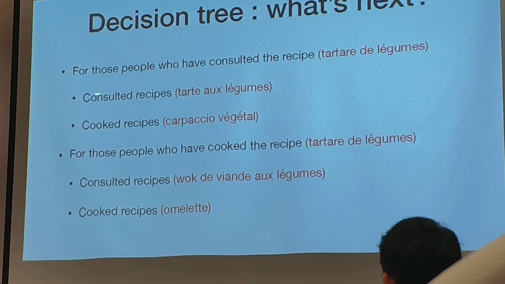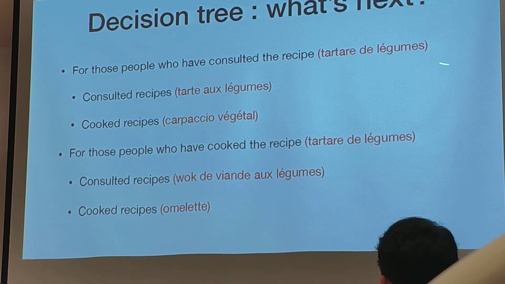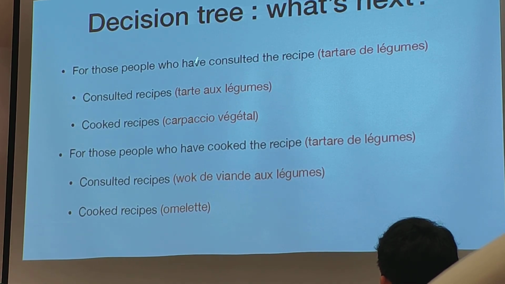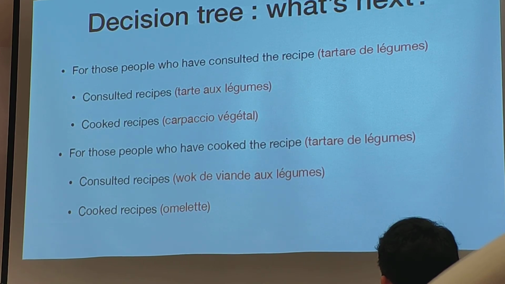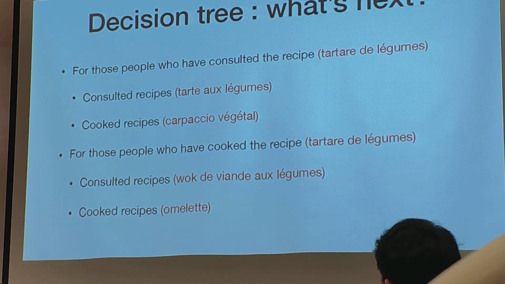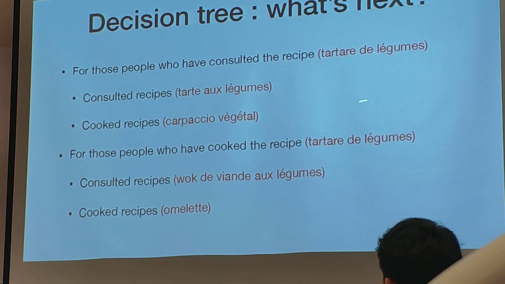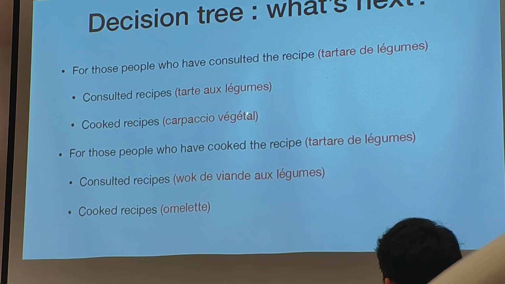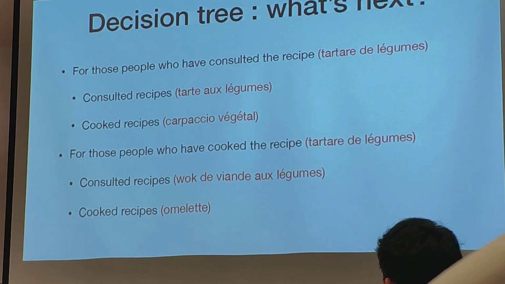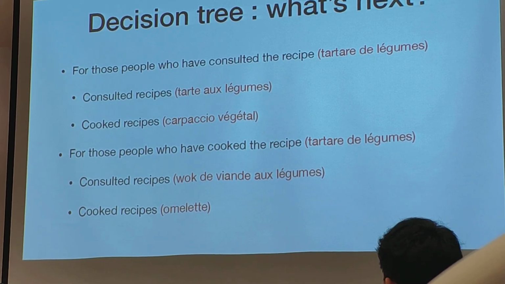And now, for those people who have consulted the recipe, tartare de légumes, I can see, okay, what are the other recipes that they have consulted. And also, I can see what are the other recipes that they have cooked. So here, tartare de légumes comes with tarte aux légumes, tart, okay? And carpaccio végétal, which is also similar to tartare de légumes.